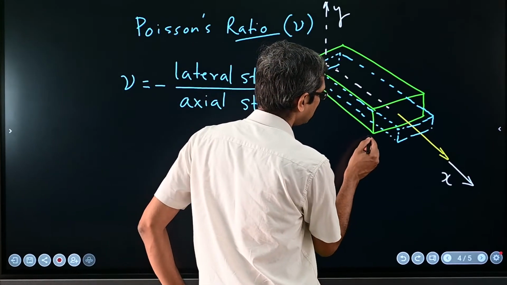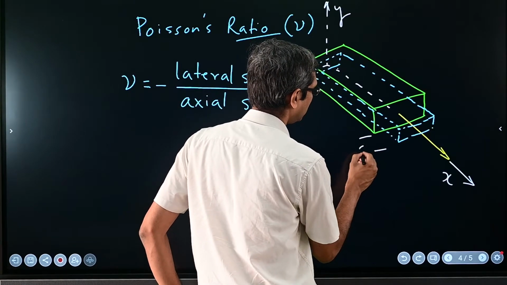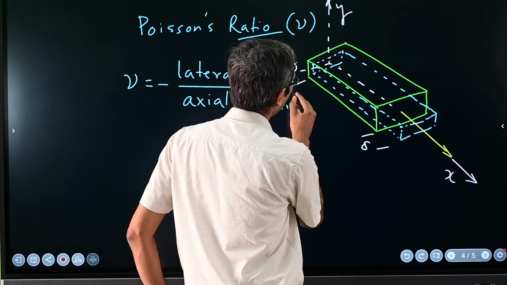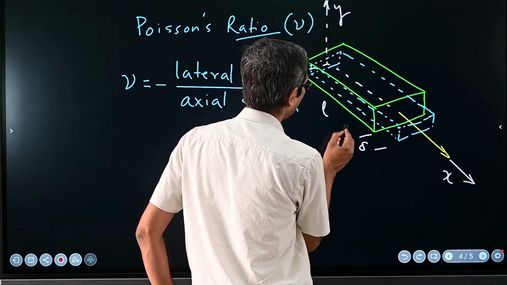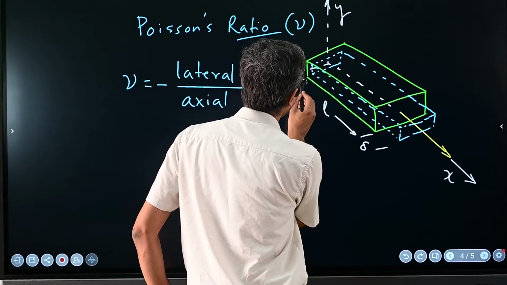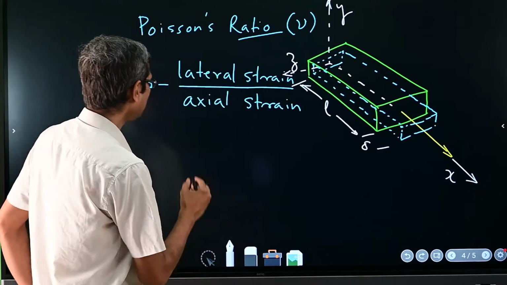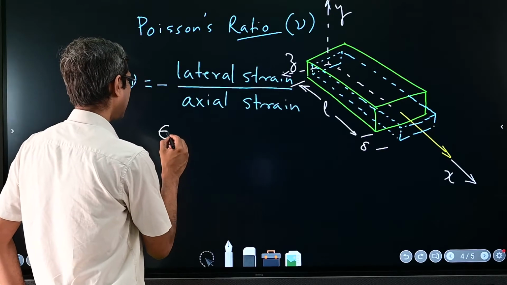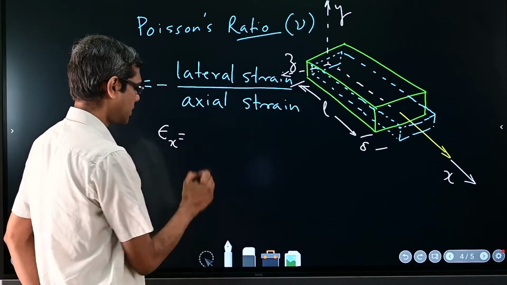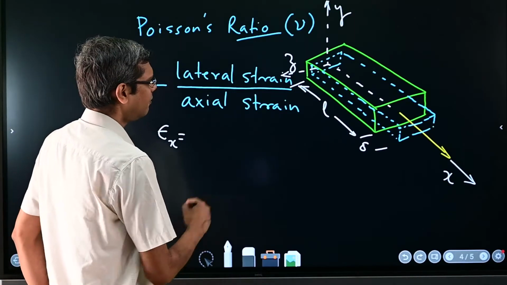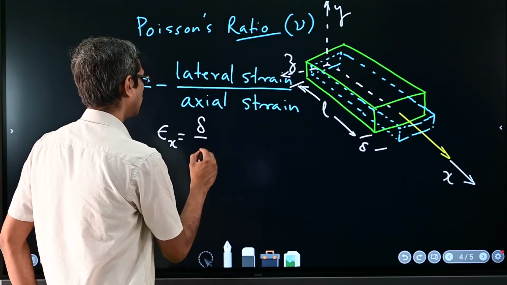Now suppose this increment is delta, and its original length was L in this direction, okay. So the strain in the axial direction, which is denoted by epsilon x, will be obviously delta over L.